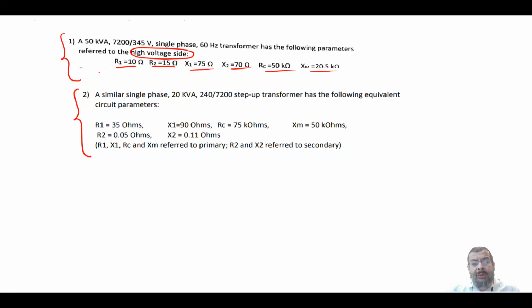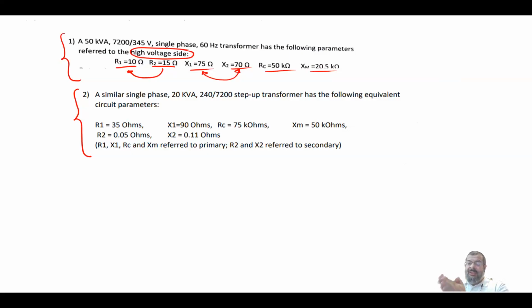When they are referred to the high side, you see that R1 and R2 are comparable, the same order of magnitude. X1 and X2 are also at the same order of magnitude. In this question, no. You see that R1 is 35 ohms, R2 is 0.05, X1 is 90 ohm, X2 is 0.11 ohm. So they are not in the same order of magnitude, because each one is taken at a different side.